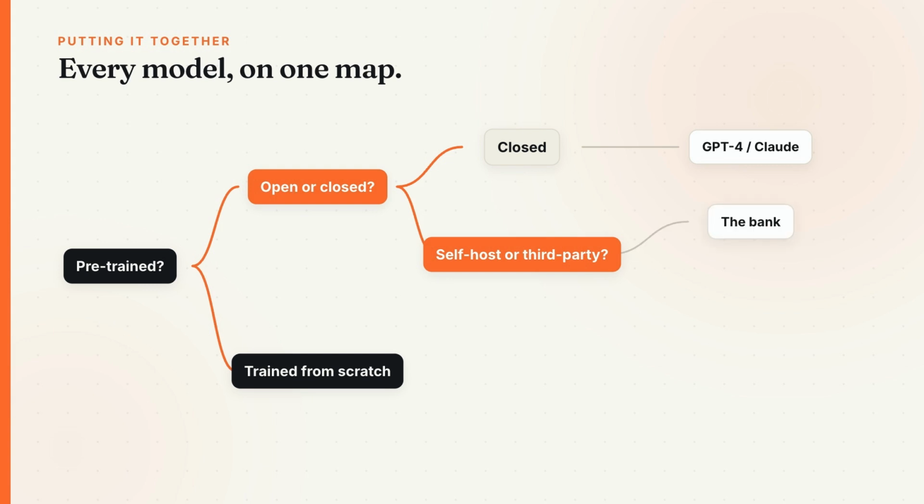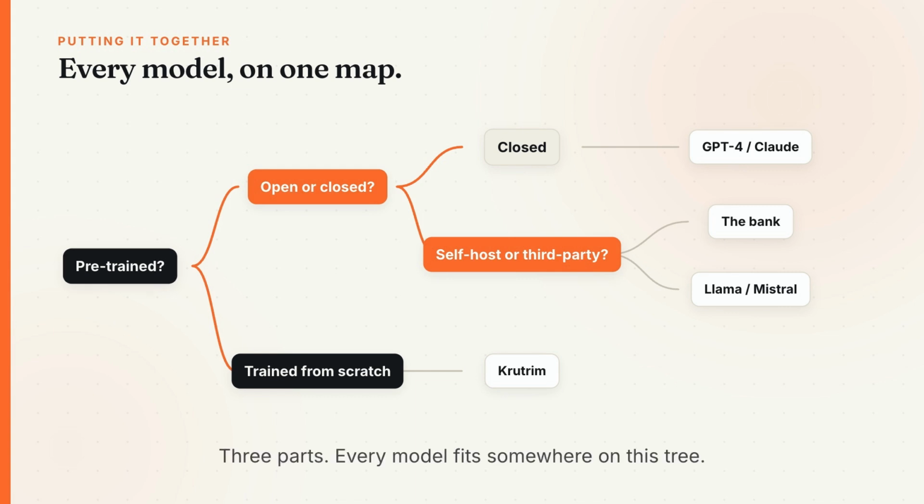The bank from part 2, pre-trained, open, self-hosted, control at every step. Llama and Mistral in general, pre-trained, open, and from there you choose self-host or a third-party host like Groq. And Krutrim, trained from scratch, not pre-trained at all, sitting all the way at the very first fork on its own. 3 parts. Every model you'll ever hear about fits somewhere on this tree.